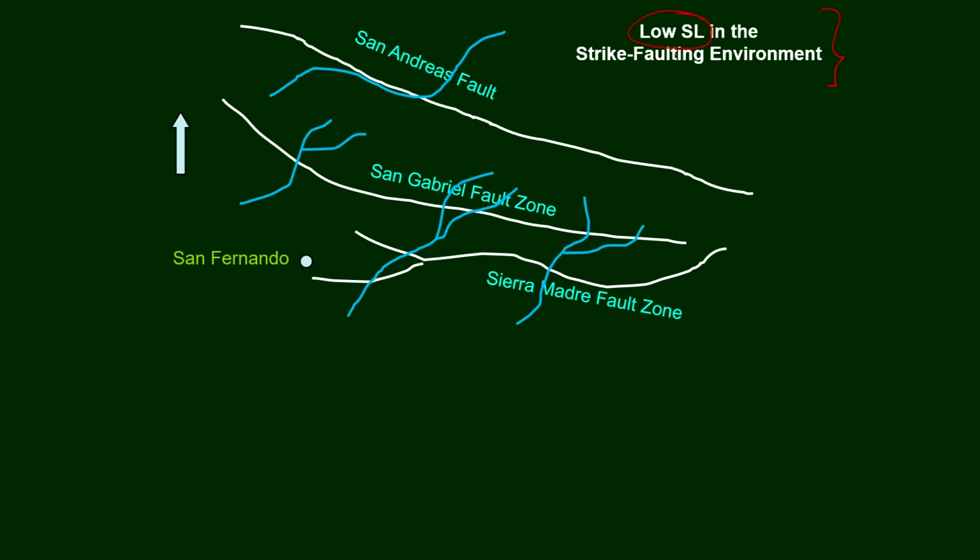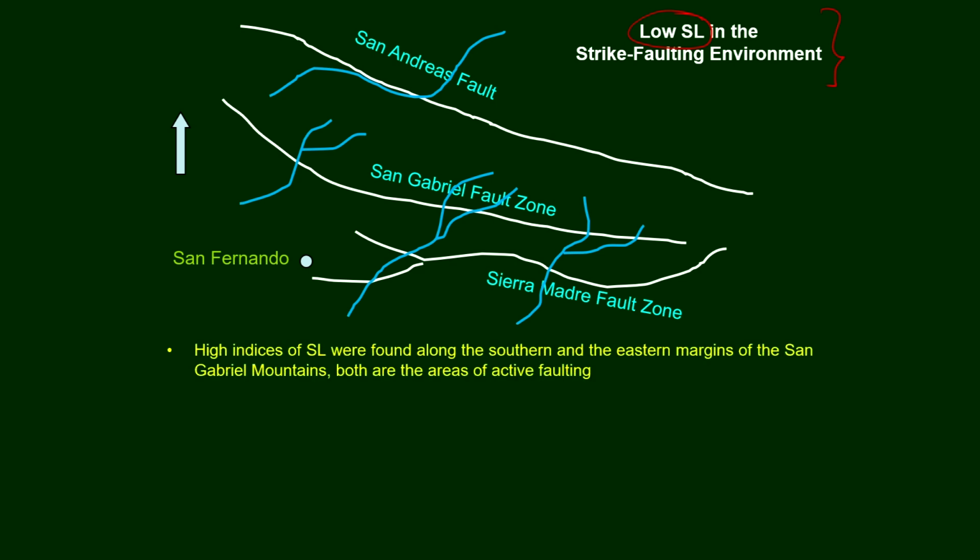Because if you see low SL values, you will say there is not much tectonic activity in the region. The reasons given here are that high indices of SL were found along the southern and eastern margins. This is your north here, and if you take north here, then this is your east.